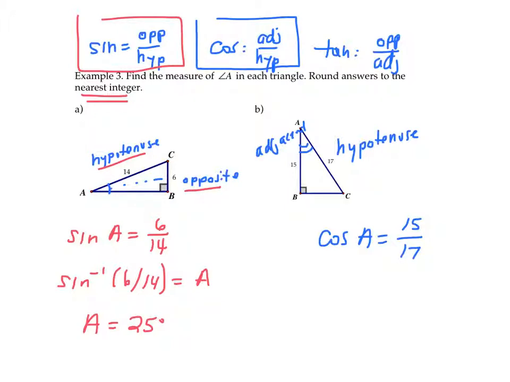Again, since we're looking for an angle measure, we need to use the inverse function. Inverse cosine, 15 divided by 17. Go to your calculator. Second cosine, 15 divided by 17, hit enter, and A is equal to 28 degrees when we round to the nearest integer.